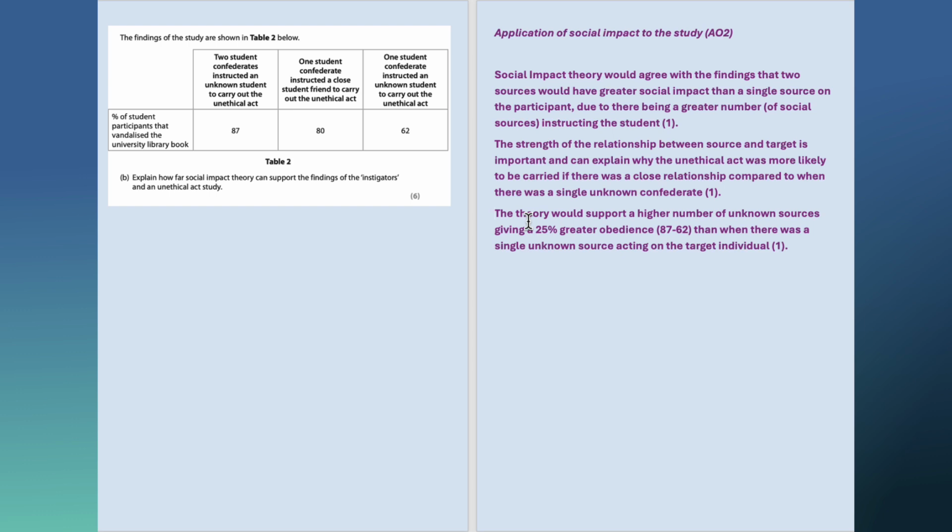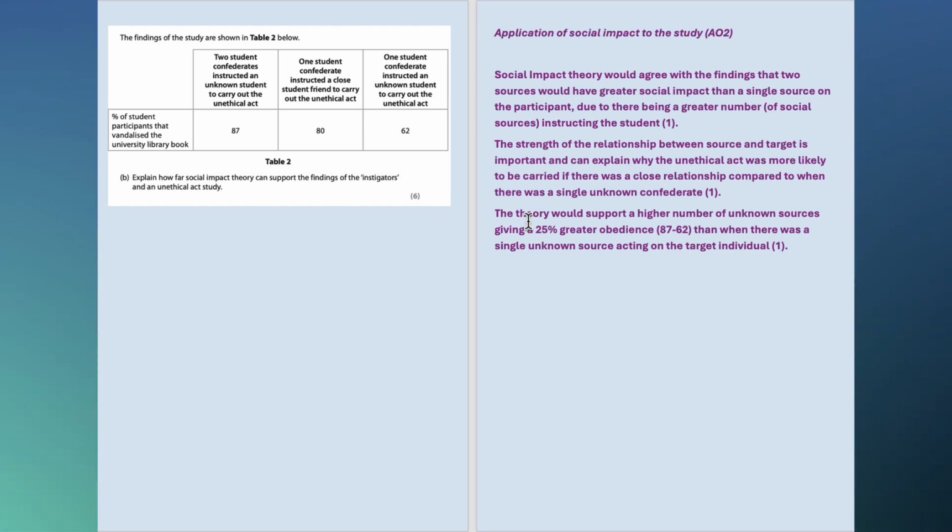Here we've got one that does have data. The theory would support a higher number of unknown sources giving a 25% greater obedience, 87 minus 62, than when there was a single unknown source acting on the target individual. So this is an example of using the data, but it also still uses the theory.